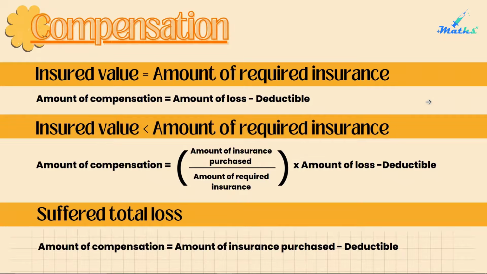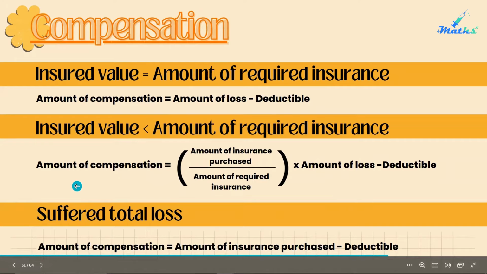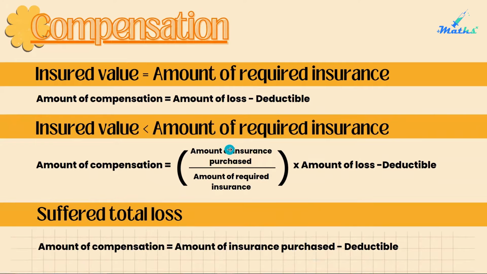If the insured value is less than the amount of required insurance, the amount of compensation will be the insurance purchased divided by the required insurance, times the amount of loss, minus the deductible. If the policyholder suffered a total loss, the amount of compensation is equal to the amount of insurance purchased minus the deductible.